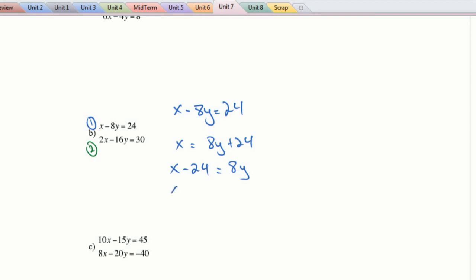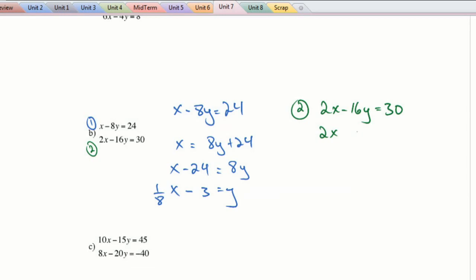So I get 1 over 8 times x. 24 divided by 8 is 3, is y. So that's my first equation in simplest form. Now I can do the same thing with my second equation just to compare them. So 2x minus 16y is equal to 30.